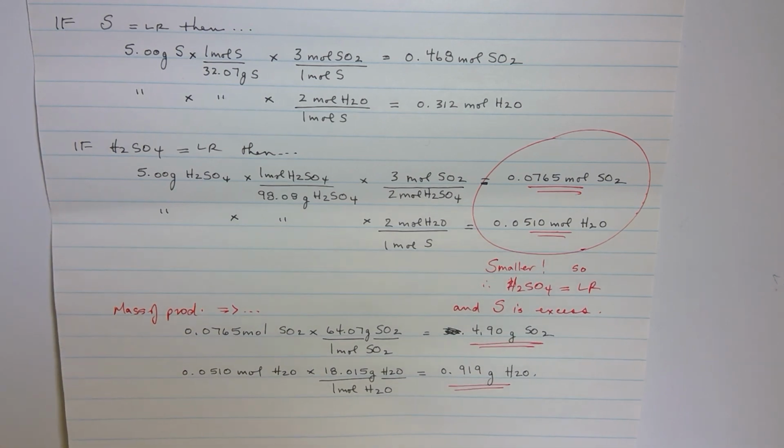Same thing for water. This many moles of water is produced. Convert it using the molar mass of water to the mass of water, 0.919 grams produced. So those are the masses produced of each product, and there you have it. You can use this as a model to practice with the other ones in that question 46 at the end of chapter 9.